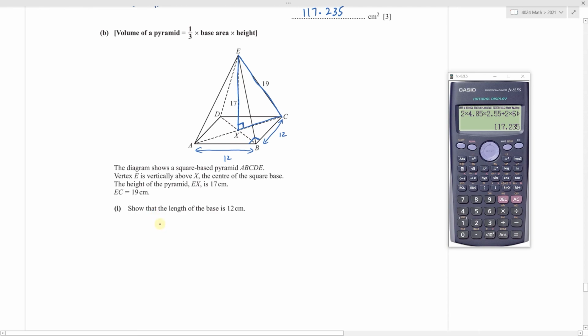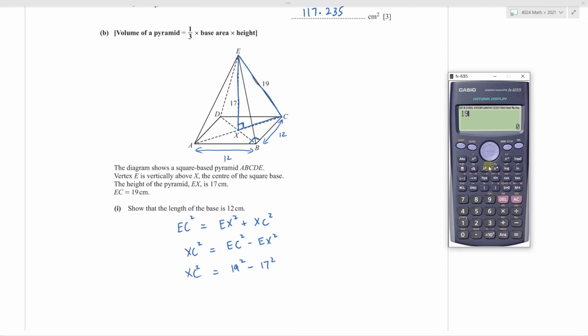Using Pythagoras theorem on triangle EXC, I have EC squared equals EX squared plus XC squared. This gives me XC squared equals EC squared, if I take EX to the other side, minus EX squared. Let's substitute the values. XC is unknown. EC is 19, 19 squared minus EX, which is 17 squared.